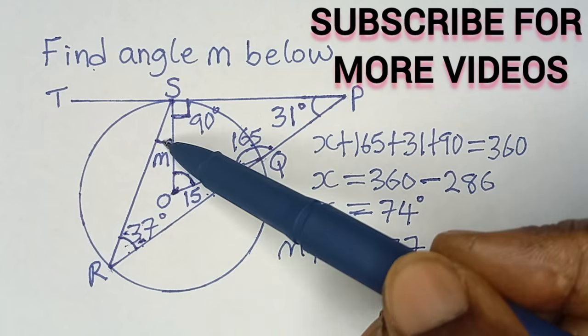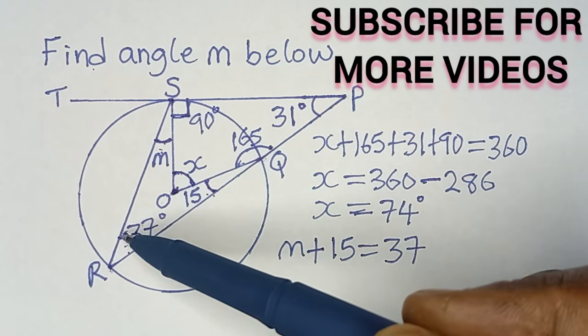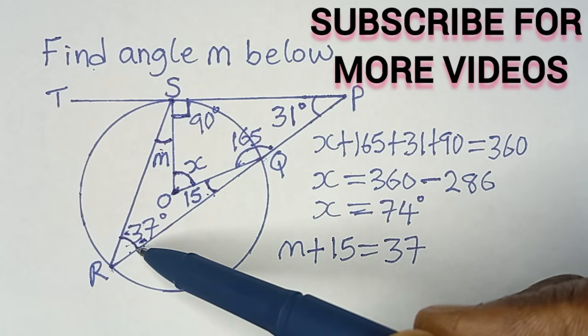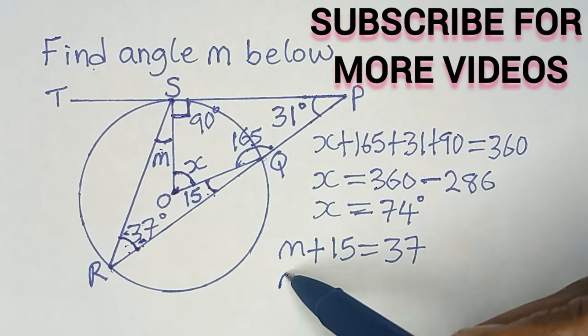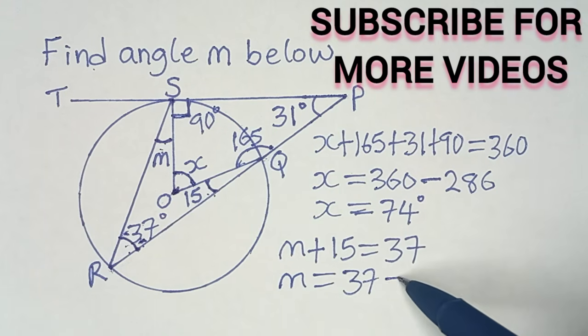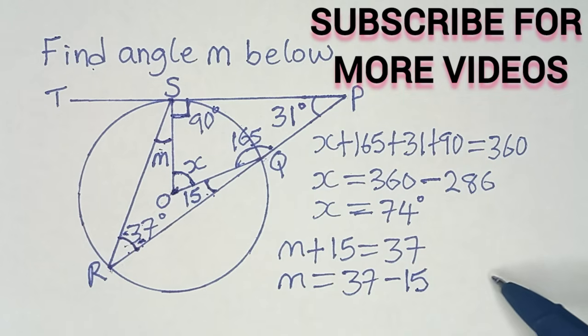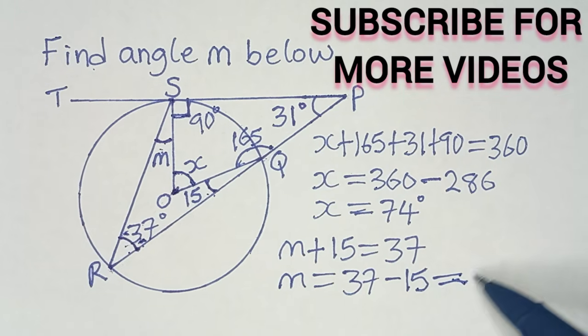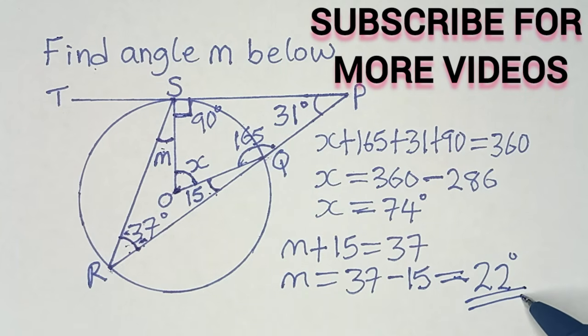If you have checked my other video, you will see the short method that this plus this is going to give us this angle at the circumference. Then M is equal to 37 minus 15, and 37 minus 15 is going to give us 22 degrees as our final answer.